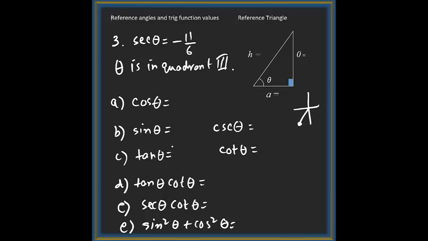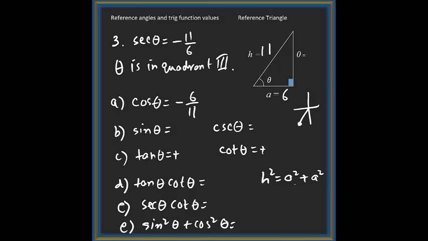Since secant theta is negative 11 over 6, cosine will be the reciprocal, which is negative 6 over 11. Now the adjacent is 6 and the hypotenuse is 11. So we need to find our opposite.